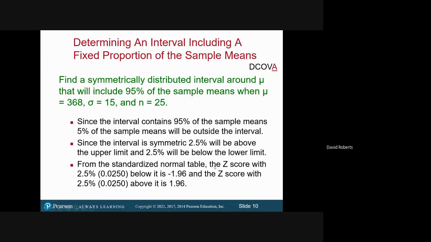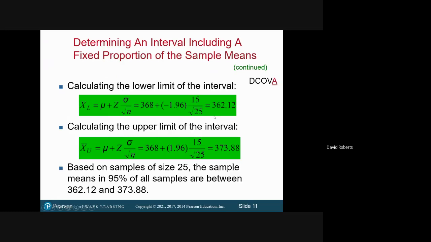And so we're calculating. We have the Z-score, but we will mainly use T values. The concept is the same. It's identical, except you use T instead of Z. So you can see that based on a sample size of 25, there's a 95% chance the actual average will be from 362.12 up to 373.88. 2.5% of the time, the value will be less than 362.12, and 2.5% of the time, the value will be more than 373.88.